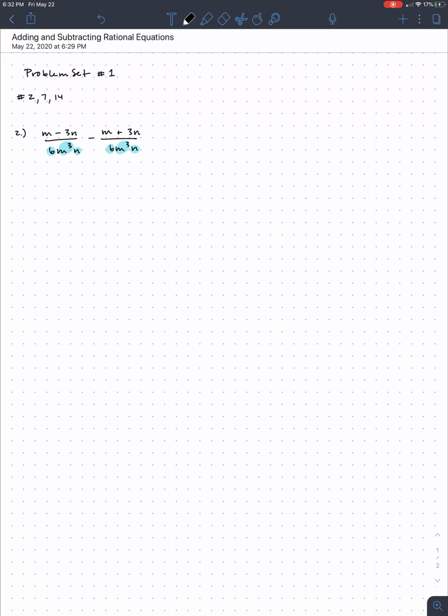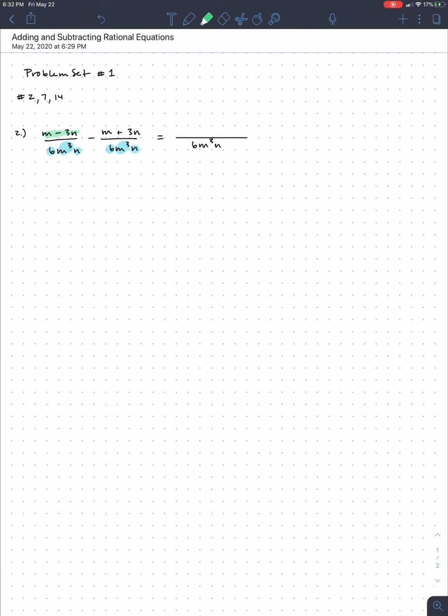Now you may be wondering, why are you looking at this example? It seems pretty straightforward. Well, this example includes a property that many students forget. Even my AP calculus students will sometimes make this mistake just because we don't always think of it.